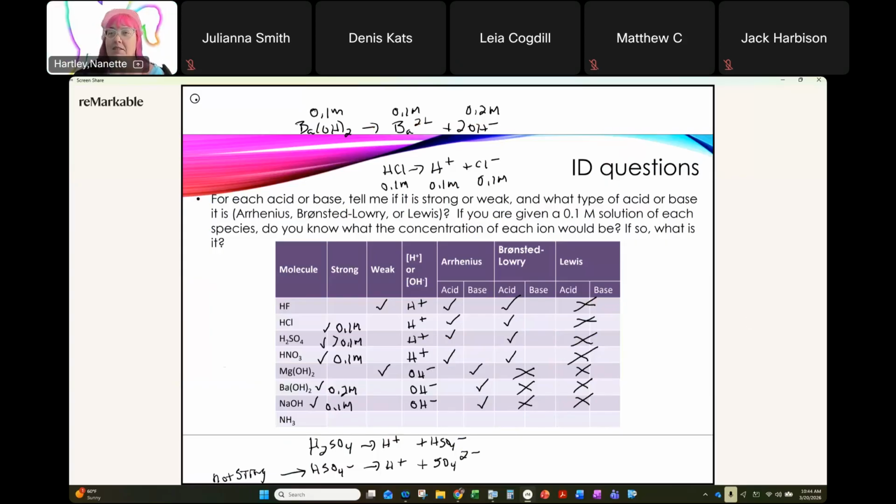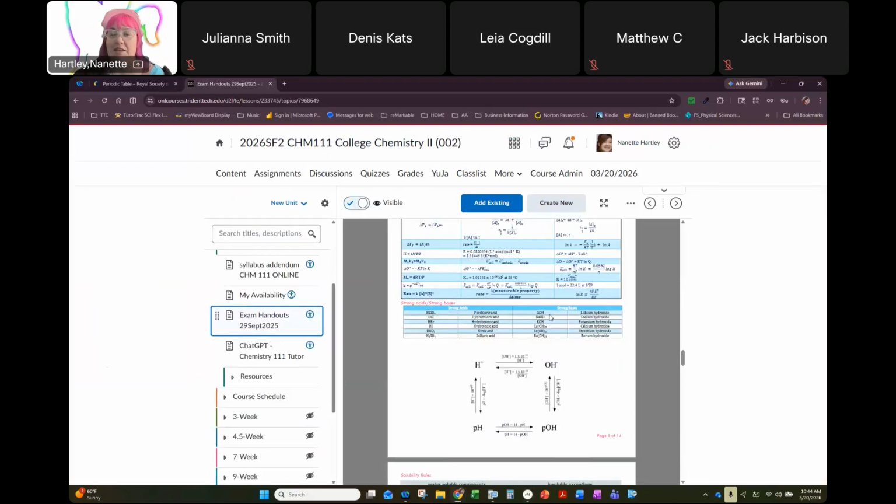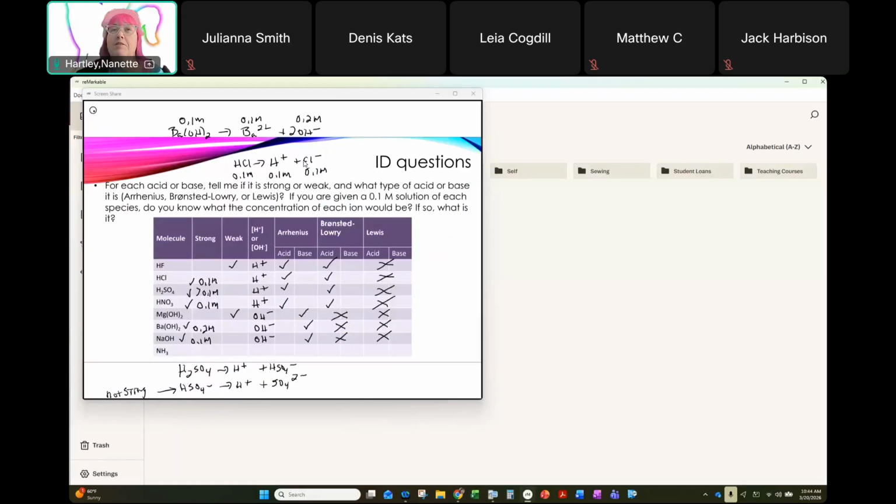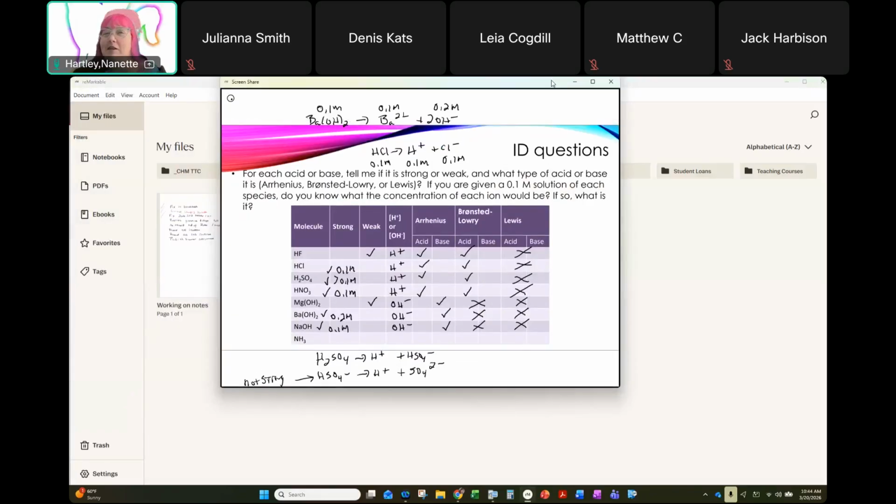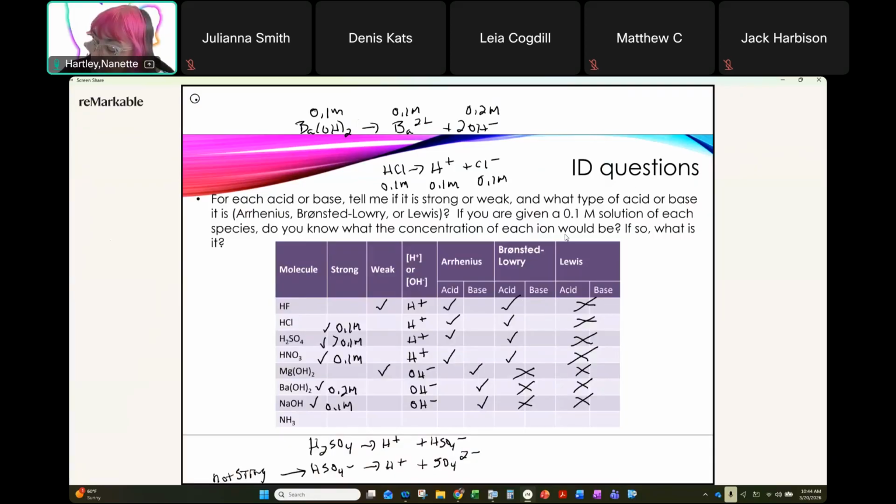Now, looking at this list, like I said, NaOH is here. NH3 is not. NH3 is a weak base, and if it's a weak base, I need to mark that as a weak base. It is not an OH minus donor, but it generates OH minus in solution. Let me walk through that a little bit.